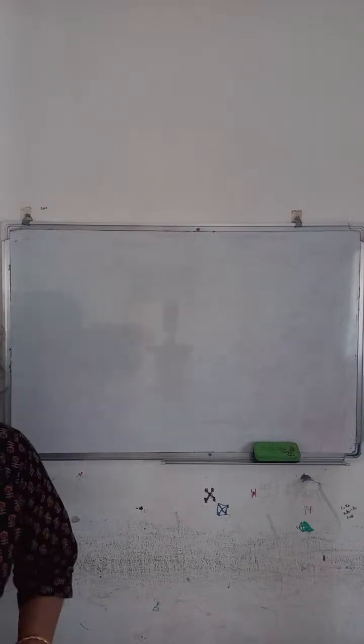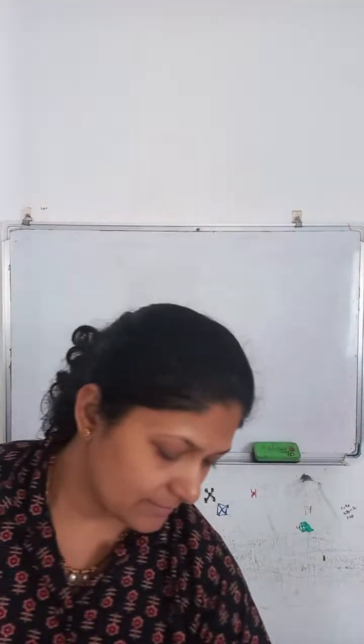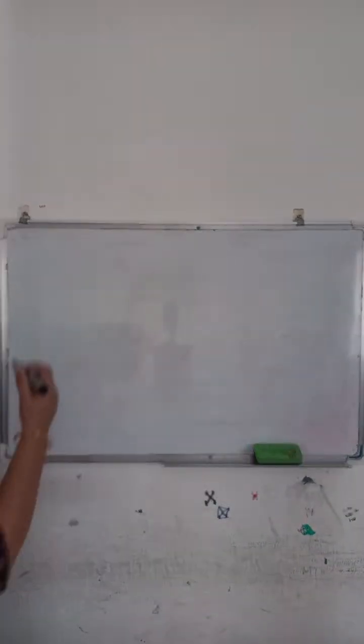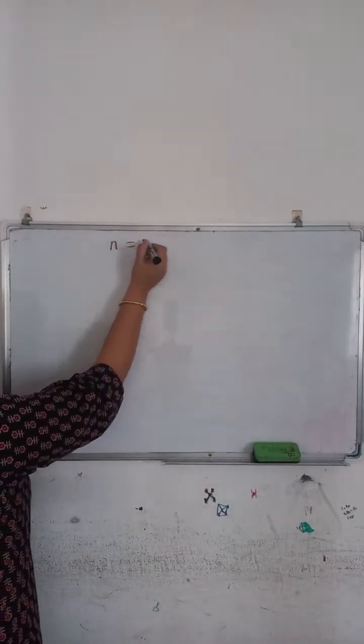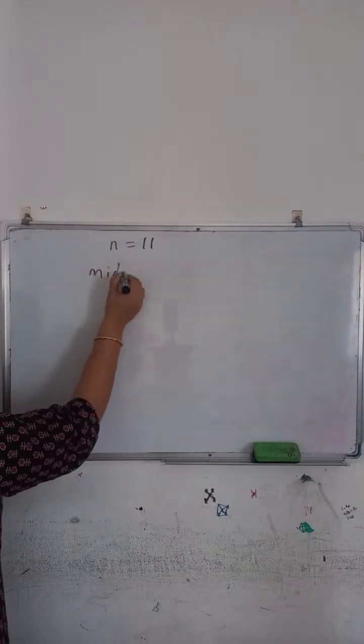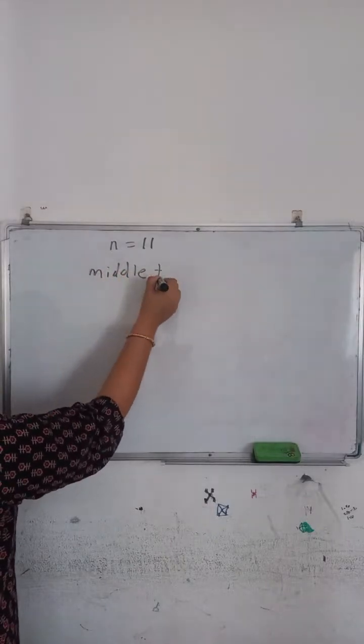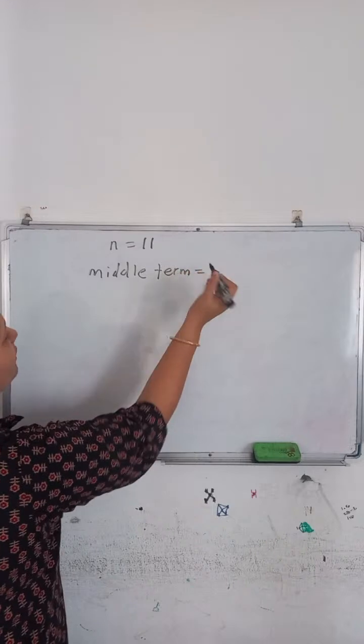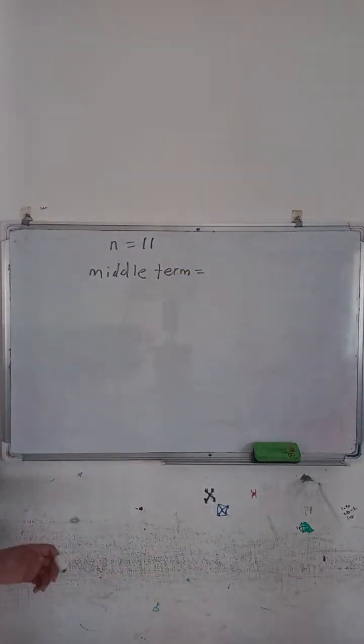From this it is clear that here total 11 terms are there. So we can say that the number of terms is equal to 11. Now if we want to find the middle term, if it is an even number we can divide by 2, but this is an odd number, no?